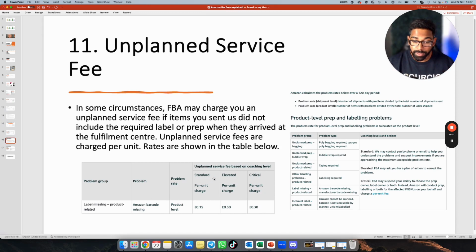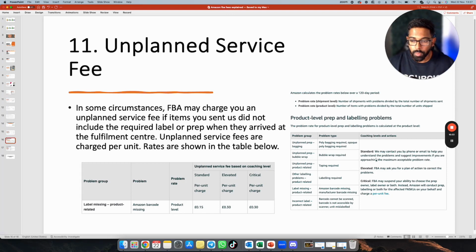Now, the way you will know if your coaching level is standard, elevated, or critical is by this. As you can see, Amazon calculates the problem rates below over a 120-day period. I'll let you read how they do this, and there is also the actual Amazon page where you can understand how exactly they calculate these things.